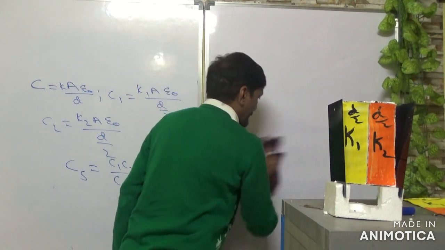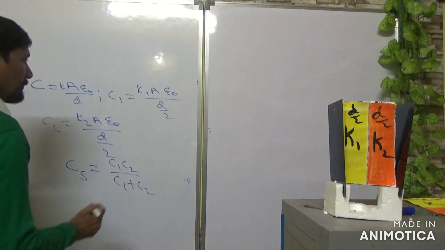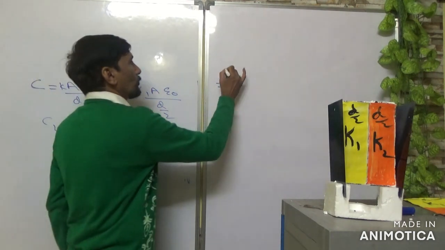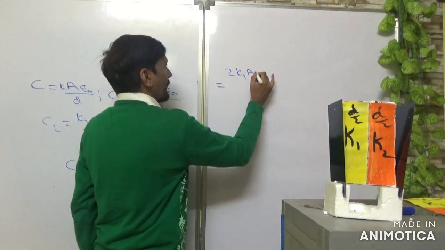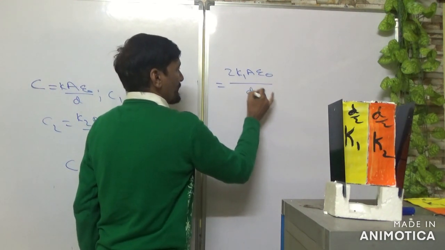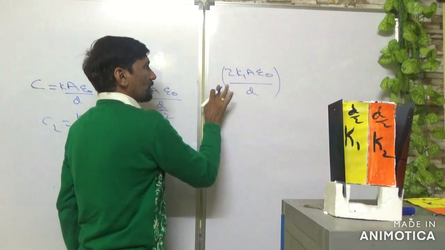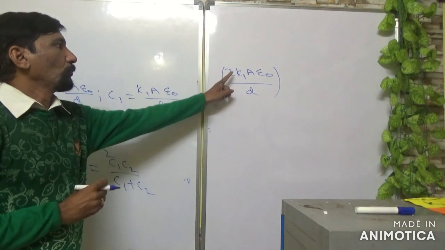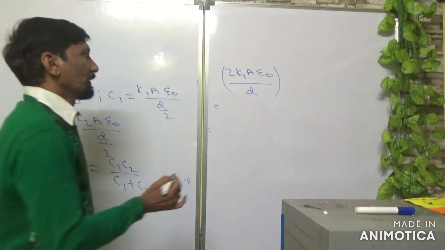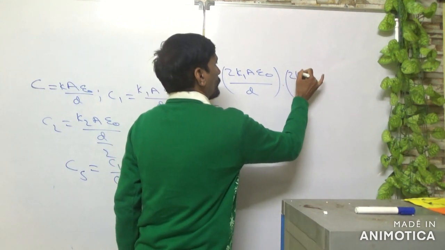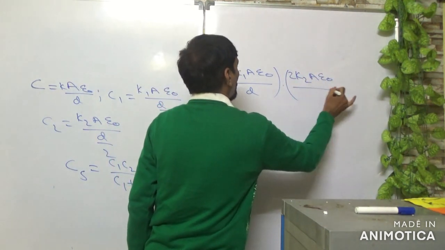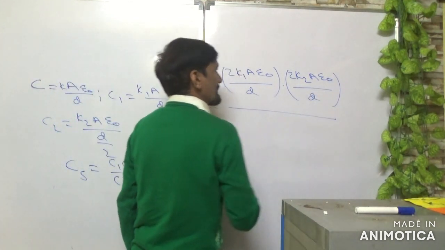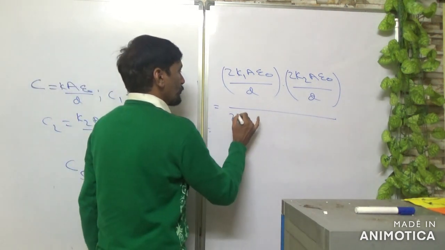So effective capacitance is C1, the first one, 2 K1 A epsilon naught by D, into the second one, 2 K2 A epsilon naught by D, by C1 plus C2, that is 2K1 plus 2K2 terms.